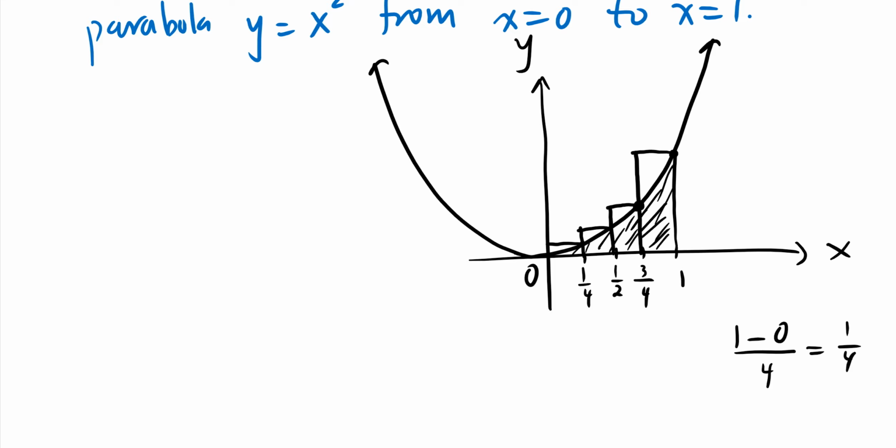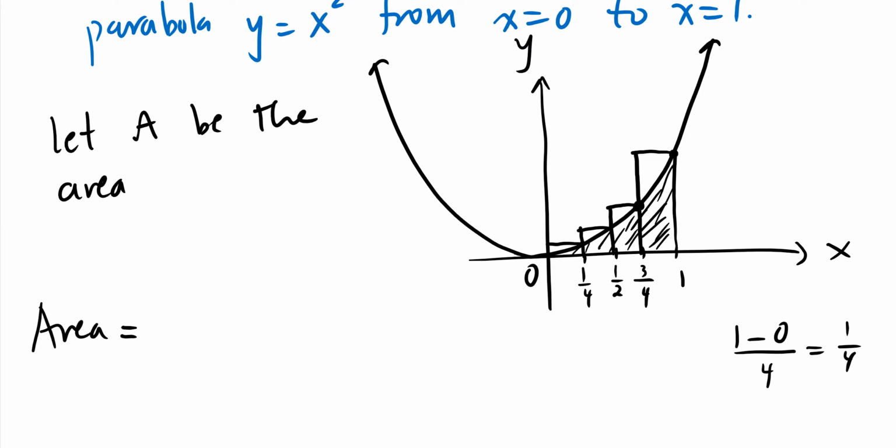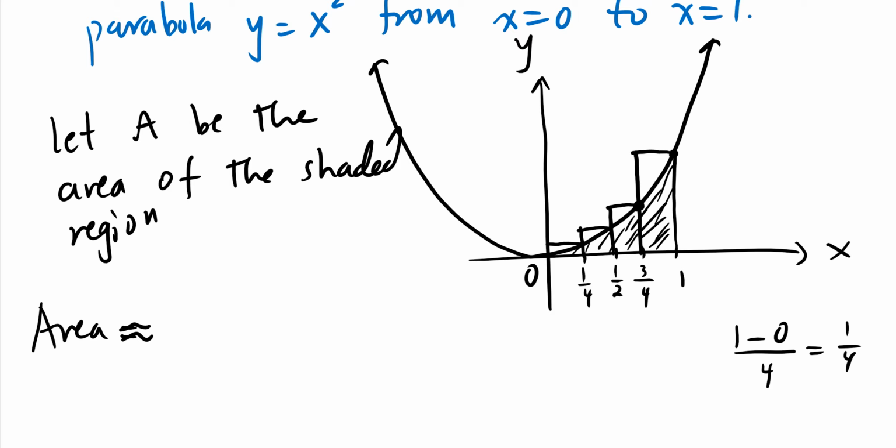First, let A be the area we're exactly looking for, the area of the shaded region. A is going to be estimated with the sum of the areas of the 4 rectangles.